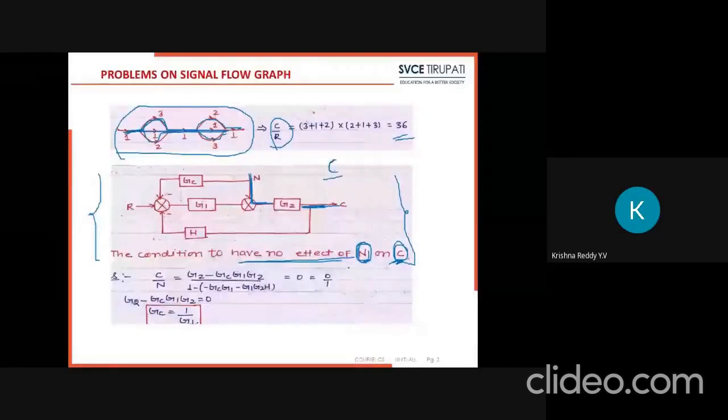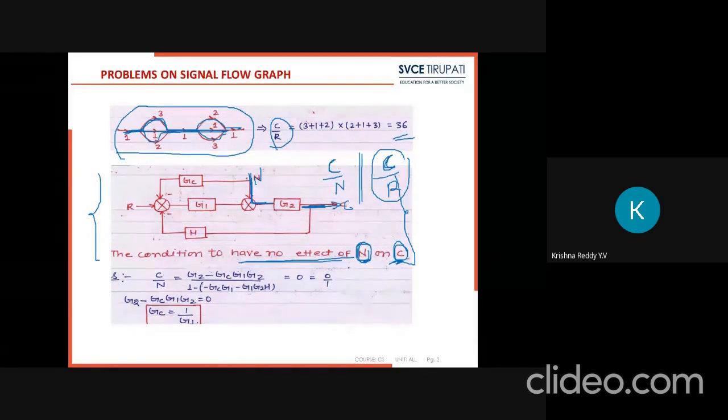Generally, we are calculating the transfer function output to input, C by R. But here it is mentioned, in order to eliminate the noise effect on the output, what is the condition? Whenever we equate the transfer function C by N to 0, we are getting the condition to eliminate the noise.